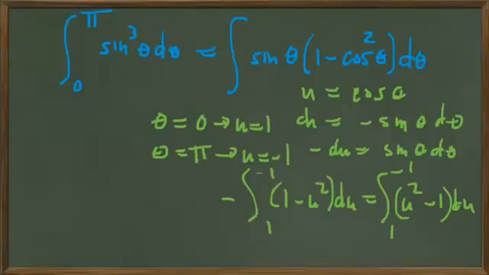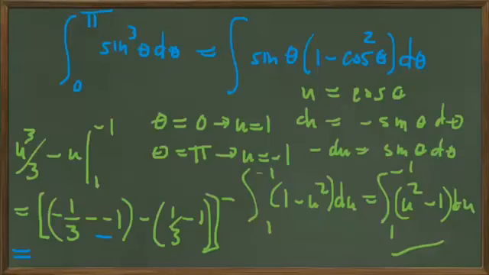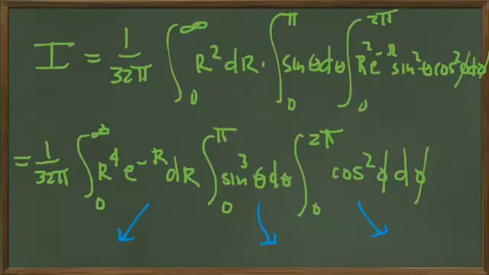It turns into the integral between 1 and minus 1 of u squared minus 1, and that integrates to u cubed over 3 minus u between 1 and minus 1. So this and this give us a 2, and this and this are both minus 1/3, so it's minus 2/3, so it's 6/3 minus 2/3, or a result of 4/3. So let's put that back in on our previous blackboard here.